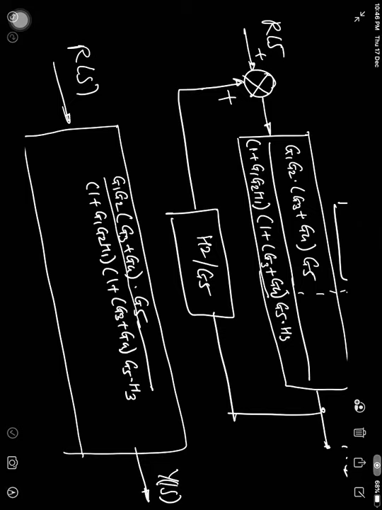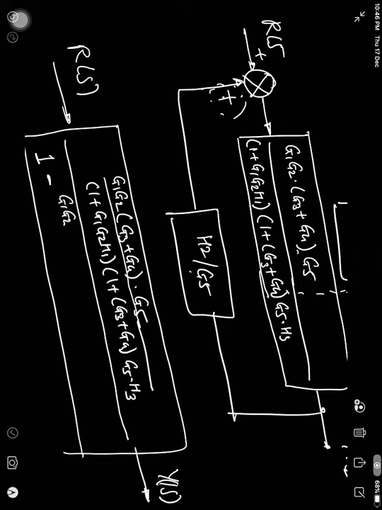This I had written as it is, all together divided by 1. Now here plus sign is there, therefore I will write down minus here and I will multiply both the blocks to each other.